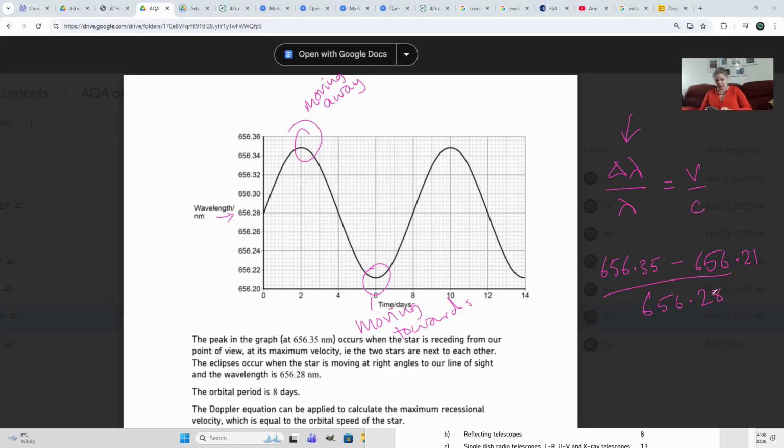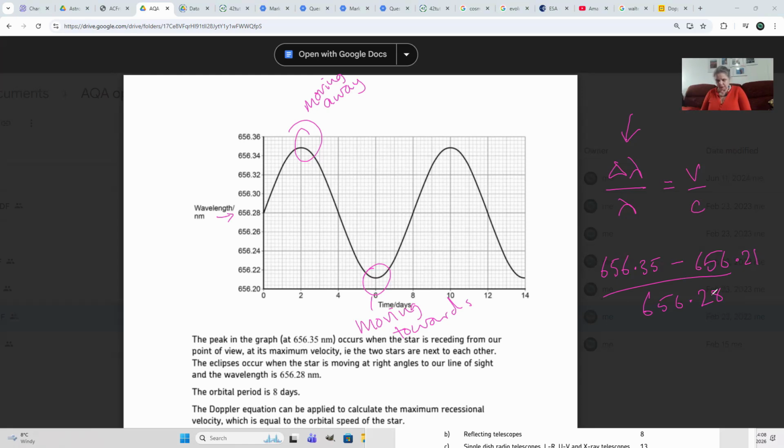Let's work out that fraction to start with. 656.35 minus 656.21 divided by 656.28. Now obviously they're all in nanometers, but it doesn't matter because it's nanometers on the top and nanometers on the bottom, so they cancel because it's a ratio.